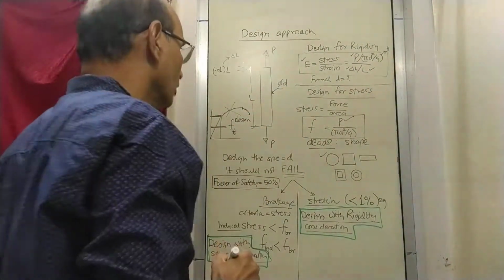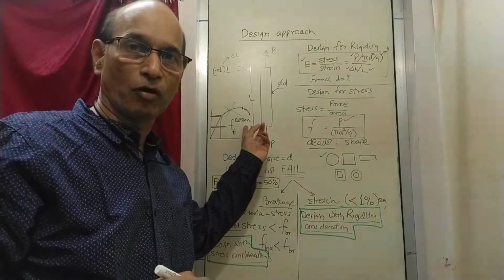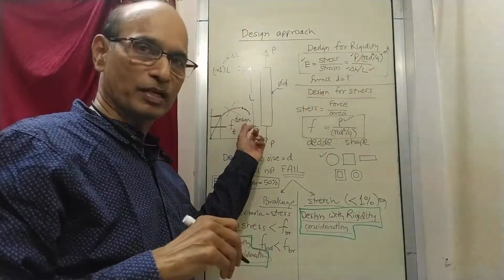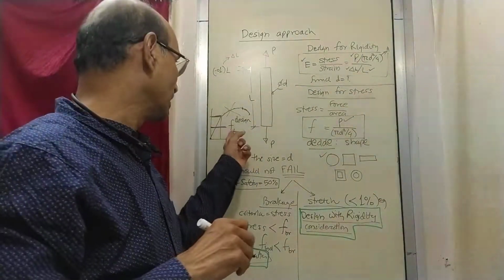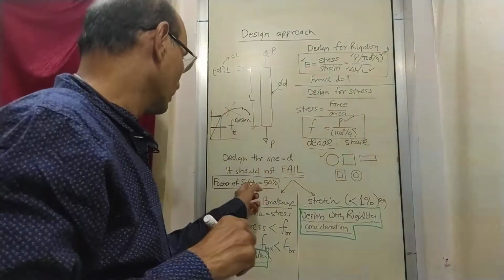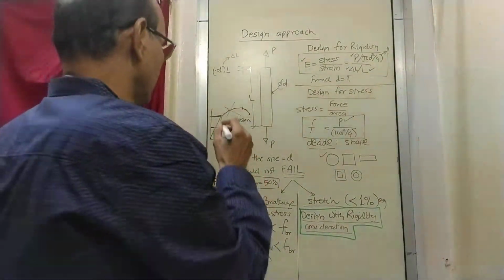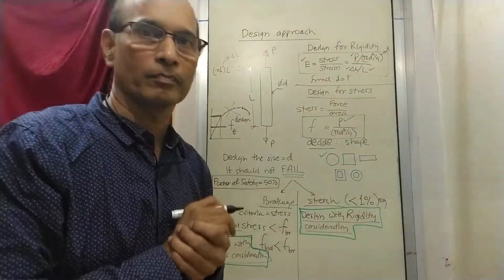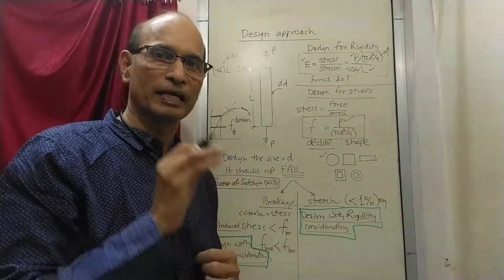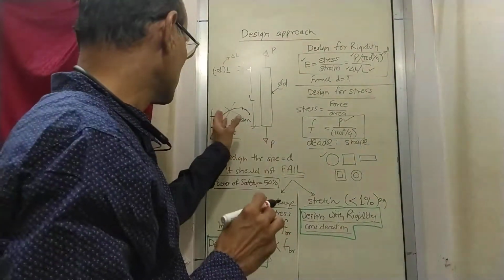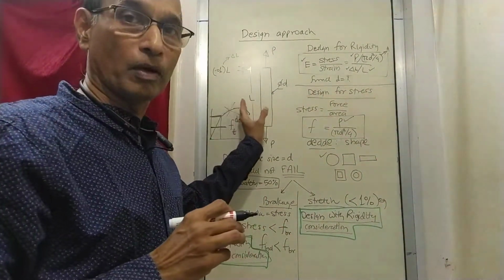That means the value of stress you are going to take for the purpose of design is the design stress, tensile type, and that value of design stress we are going to take as 50% of the stress here within the elastic limit. Normally, for any material, these stresses are never thought about much.